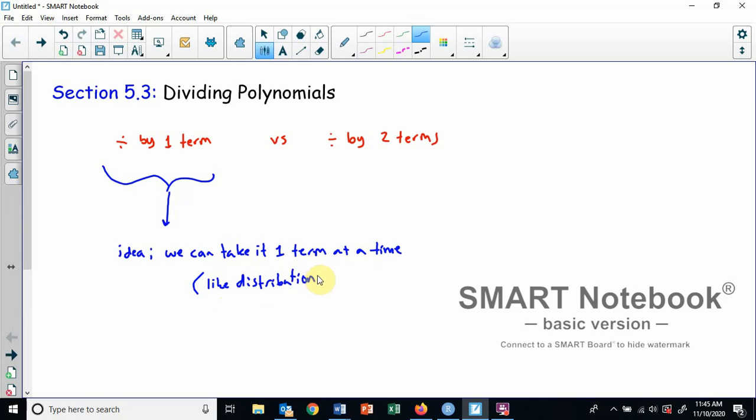You'll see when we work an example, kind of like distribution, each term that we are dividing gets this one division. Now when we move on to dividing by two terms, I don't even want to spoil it yet. We'll talk about that after we do a few examples of dividing by one term.